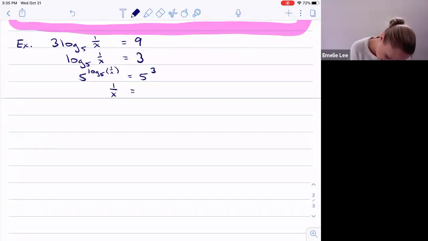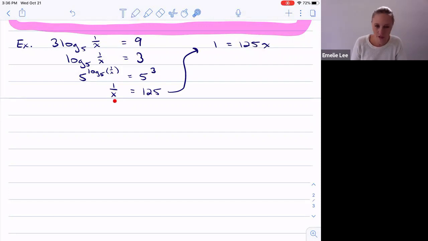So 1 over x equals, what's 5 to the power of 3? 125. Keep it on the same page here. 1 is 125 times x. Solving for x still, so I have to move this over, and then shake the 125 over. I always just go ahead and multiply the x over to the right-hand side, and then I solve for x.